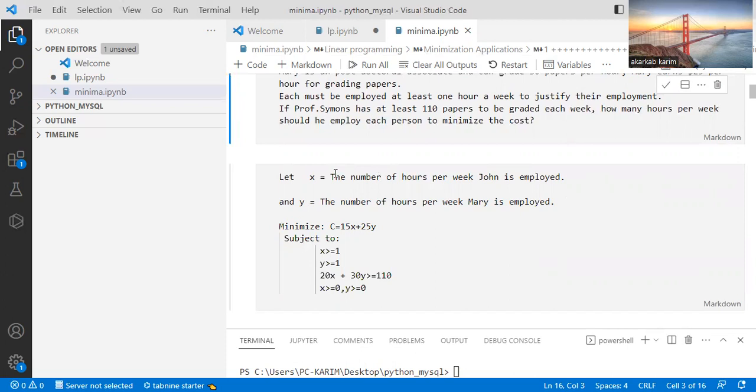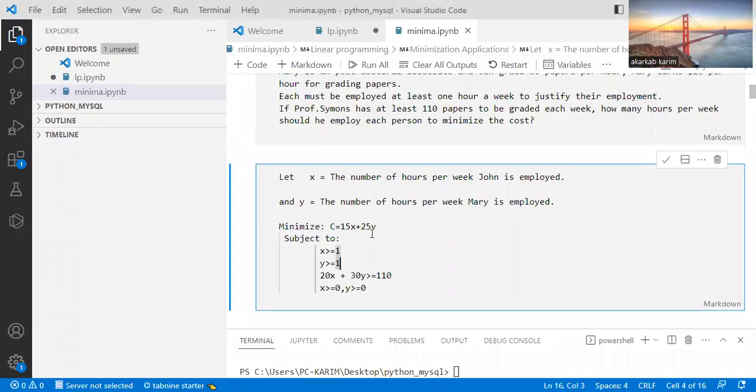So we have the variables for John and Mary, and how many hours should be worked to handle this problem. The goal here is to minimize the cost of grading papers for the professor at this university.